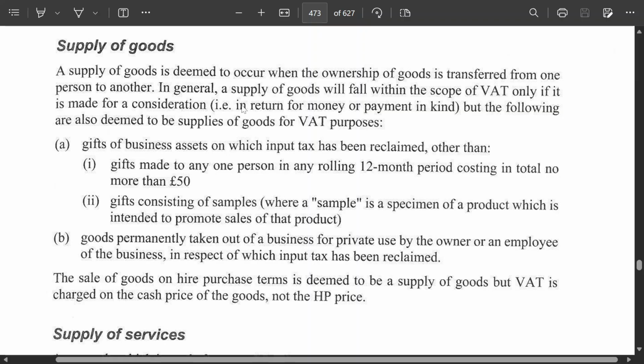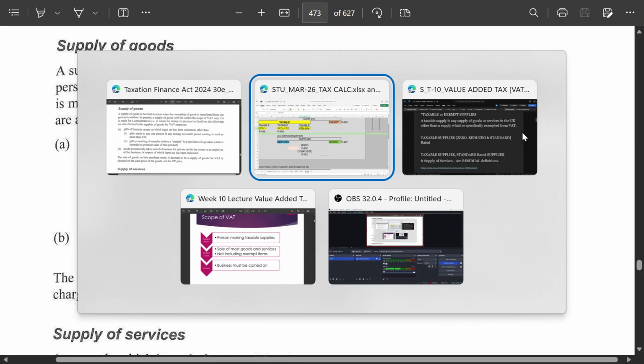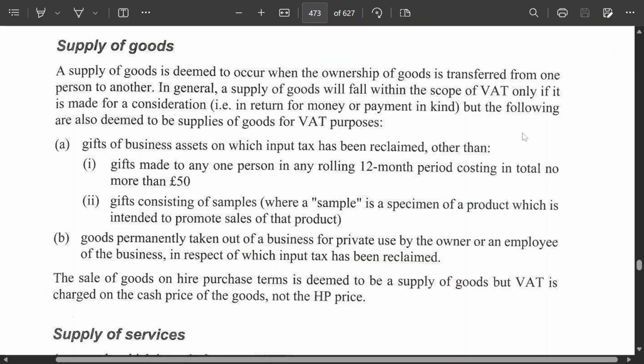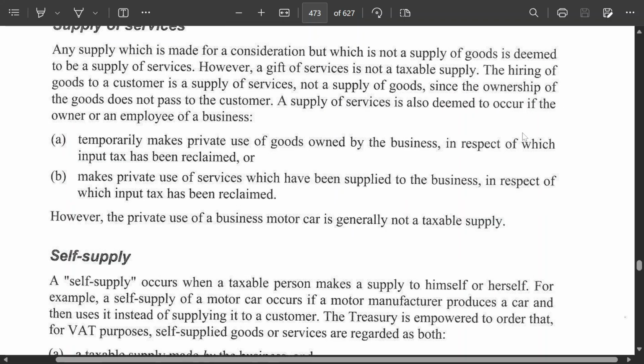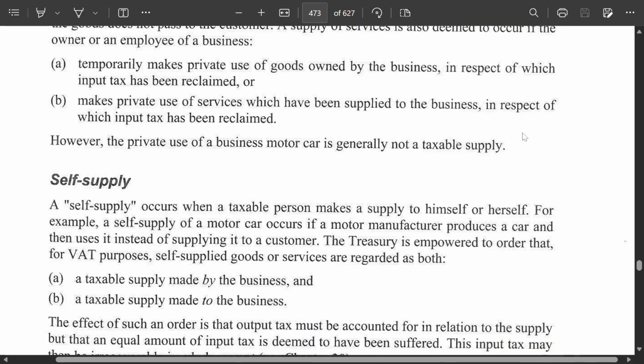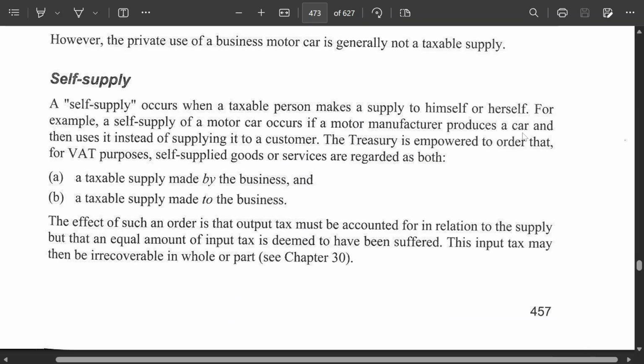So any kind of detriment that you suffer can be treated as consideration. So we have to watch out for this. Now let's see here. So goods and services. Then you also have mixed supply of services. You have mixed supply. You have other definitions of supply.